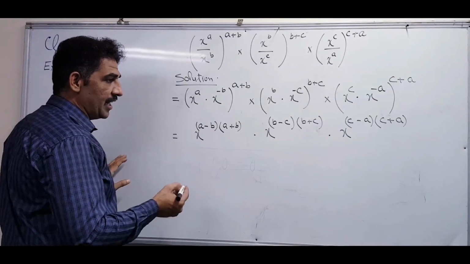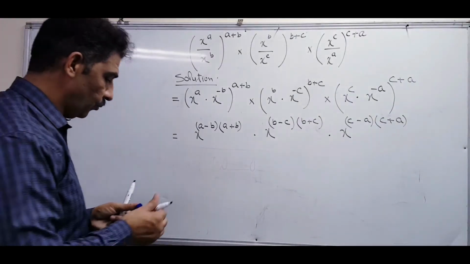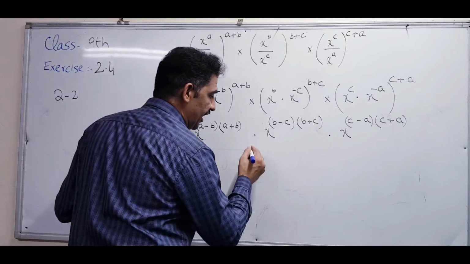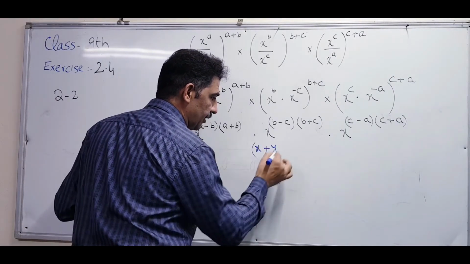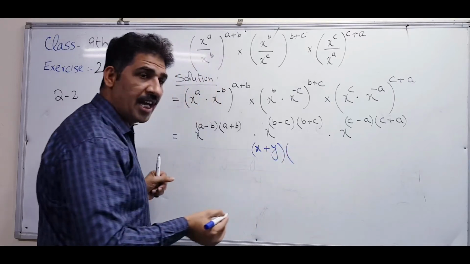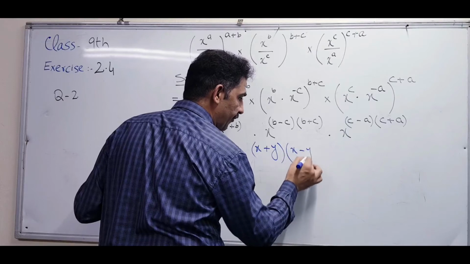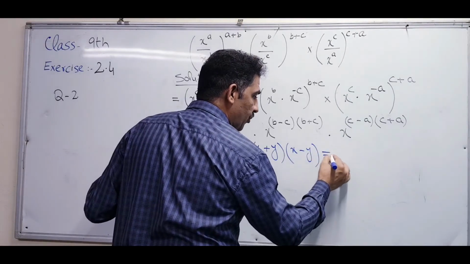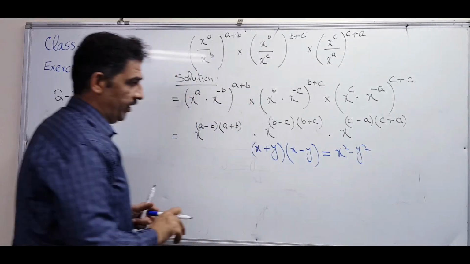So I can write the formula with another marker. This is the formula, x plus y times x minus y. According to the formula it will become x square minus y square.